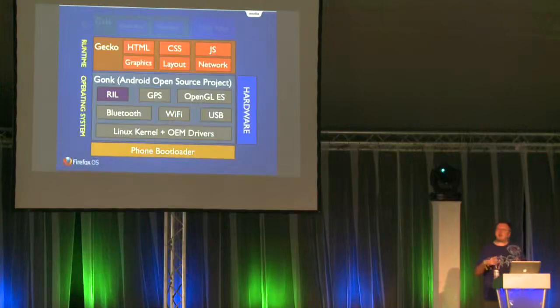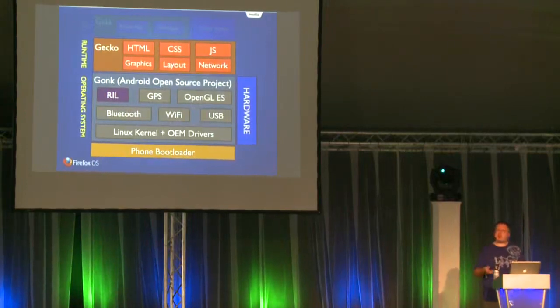So as soon as all this is running, we start up Gecko. And Gecko is basically the same web runtime that's also part of Firefox for desktop and Firefox for Android. It's the part of the browser that deals with HTML and CSS and knows how to put things on the screen and lay them out.